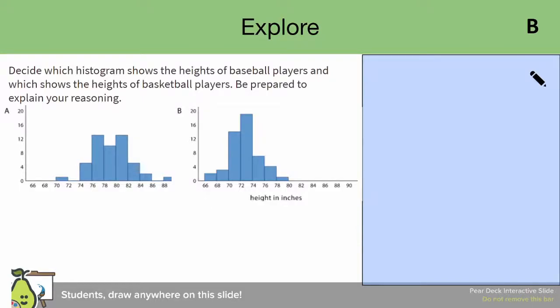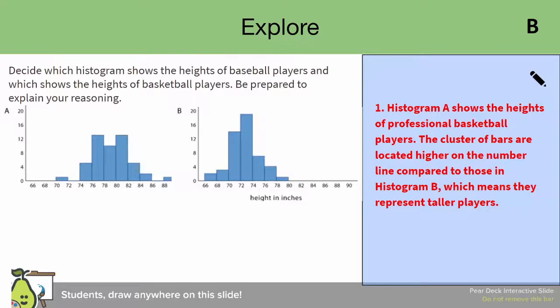Alright, welcome back. If you said that histogram A shows the heights of professional basketball players because the cluster of the bars are located higher on the number line compared to those in histogram B, which means they represent taller players, then you are correct. In histogram A, there are quite a few players whose heights range from 74 to 86, all clustered together.